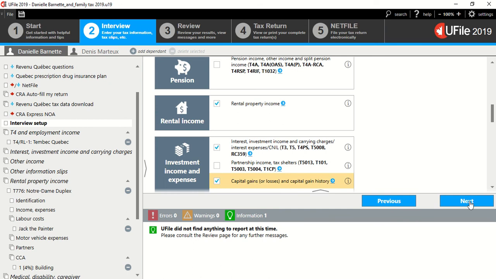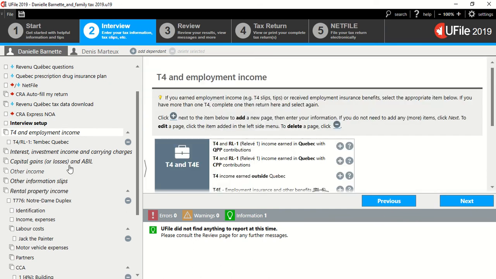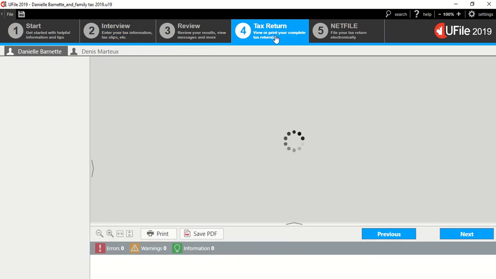Click here, go to Next, and the capital gain keyword group will appear here. Let me show you in more detail the calculation that is behind this data entry. Okay, before I go any further, I can show you the tax return now, and you will see. We'll get a quick glimpse.